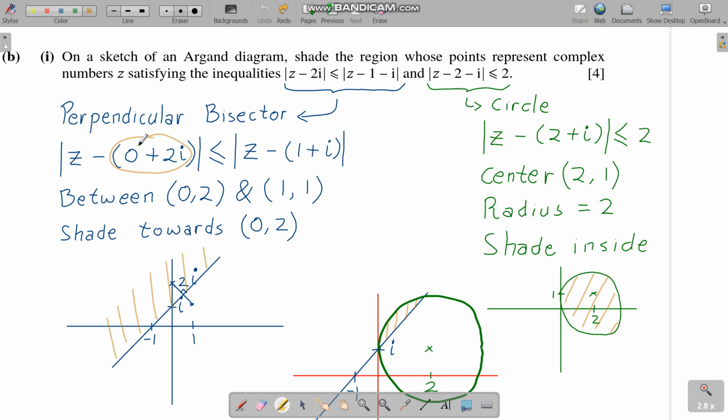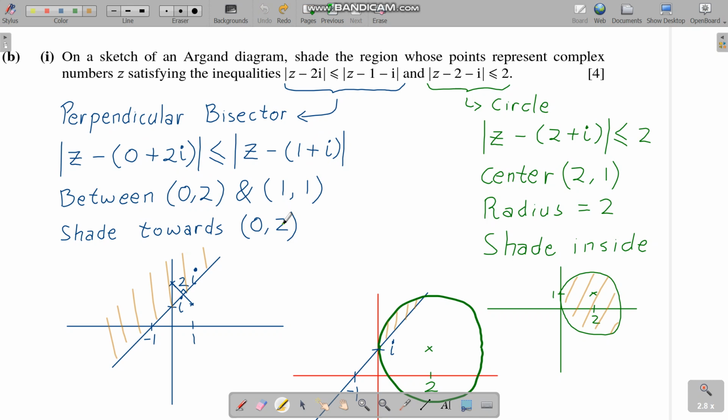So z minus z1, notice that without the brackets we should get exactly the same, minus 2i, minus 1 minus i. Right, so now we can identify the 2 points, 0, 2 and 1, 1. We are drawing the perpendicular bisector between these 2 points, and smaller than means we shade towards the one on the left, which is 0, 2.